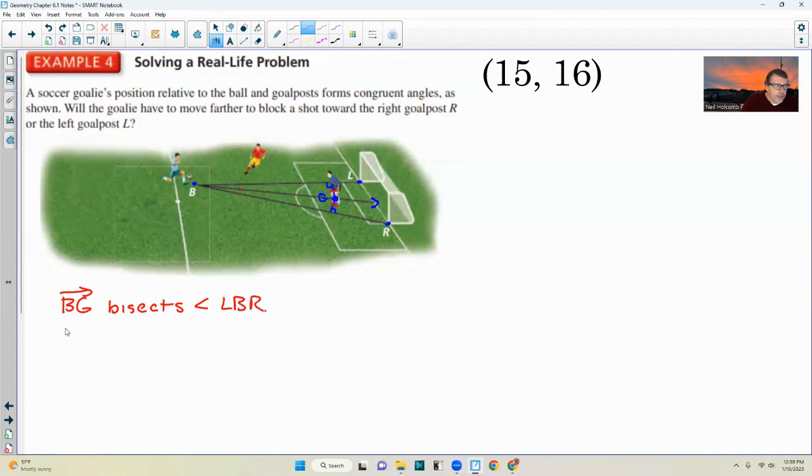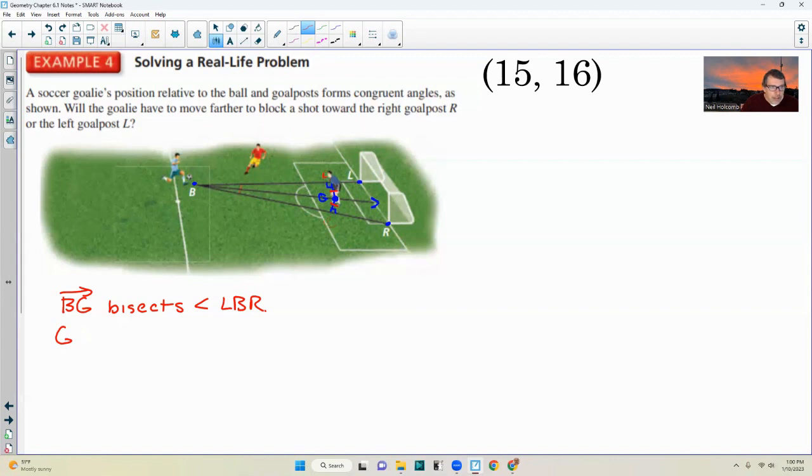Segment GL is perpendicular to segment BL, the ball to the goalpost. Segment G, oops, not GL. Let's call that A and call this point C. I don't know, doesn't matter.